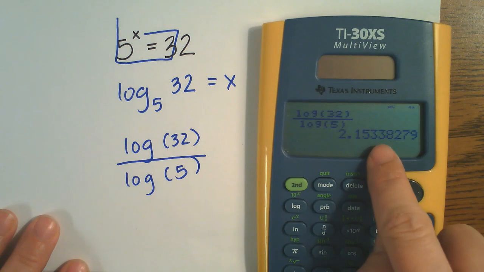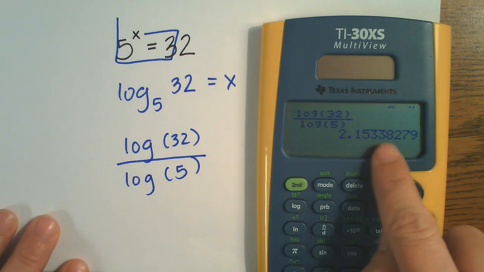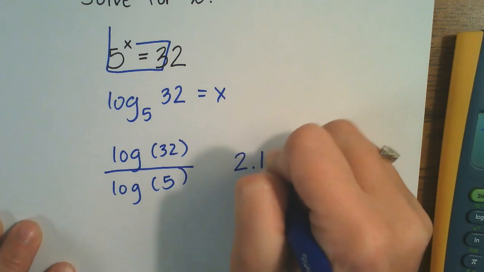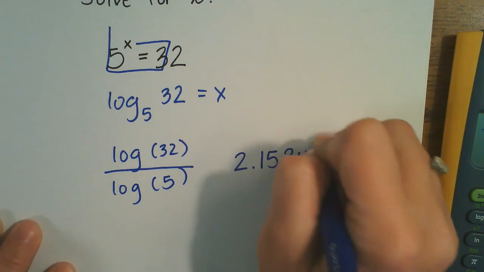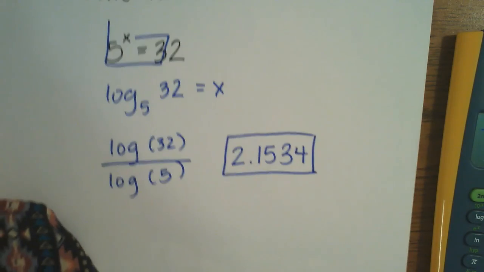So that's going to round that 3 to a 4. So I'm going to write down 2.1534. All right, that's our lesson today.